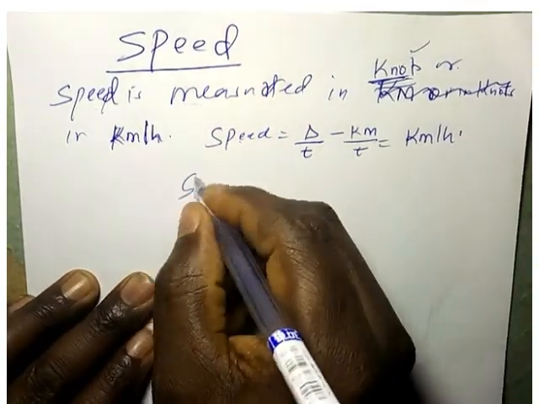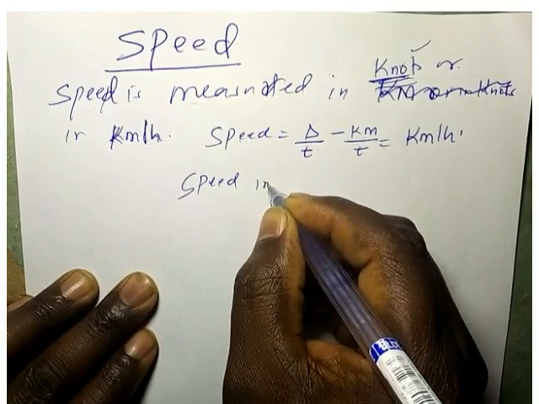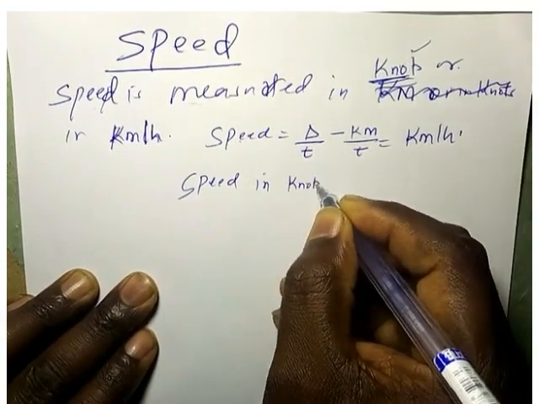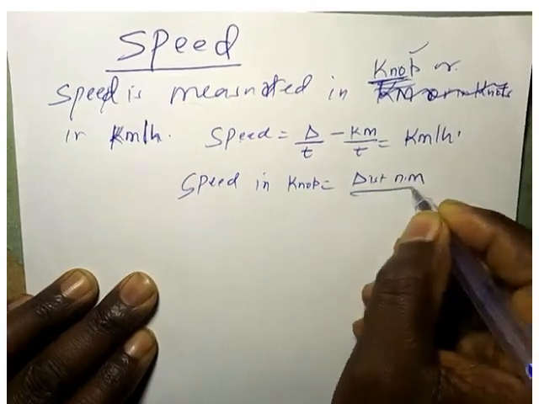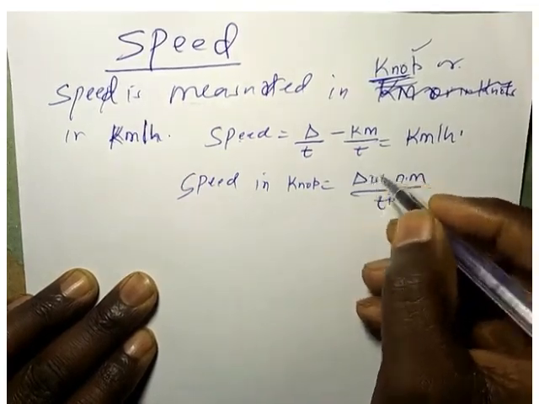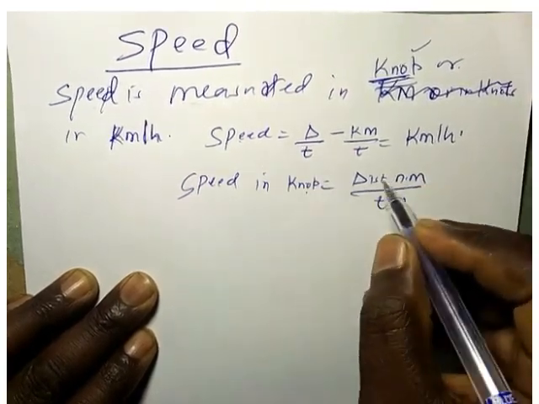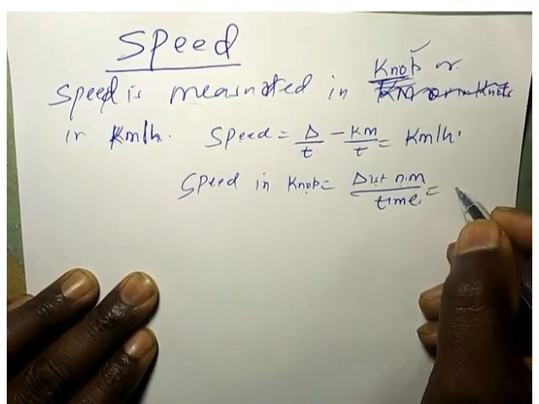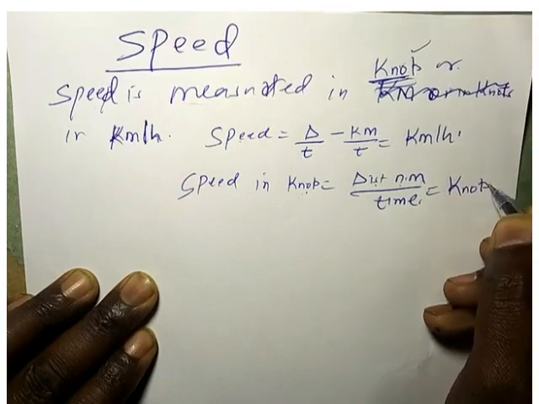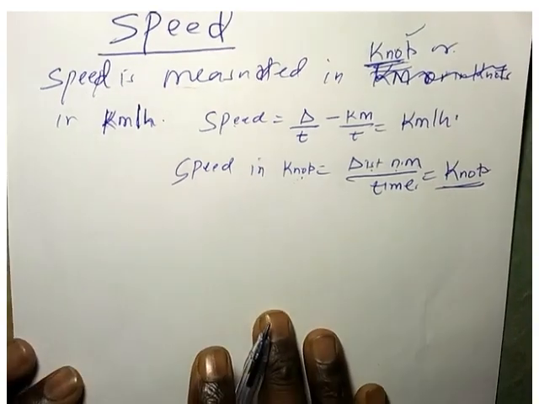So speed in knots is the distance in nautical miles divided by time. That is the only thing you need to know.